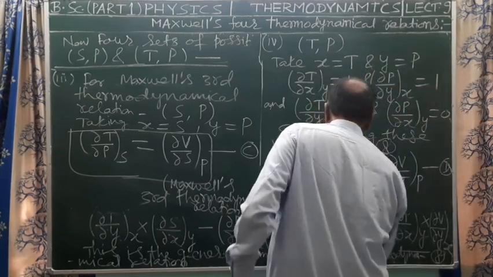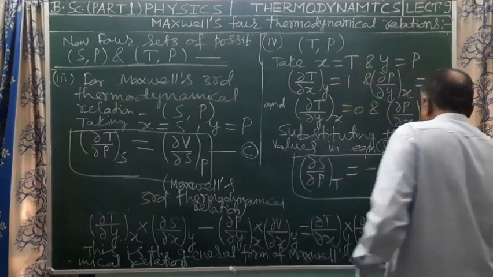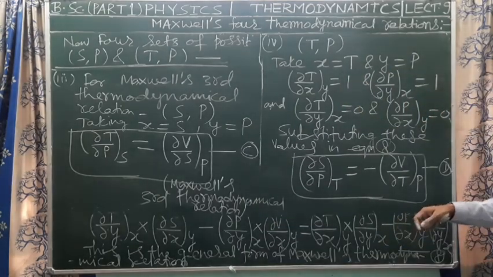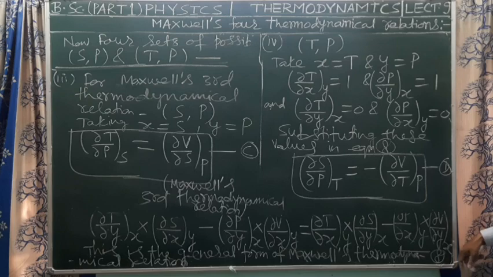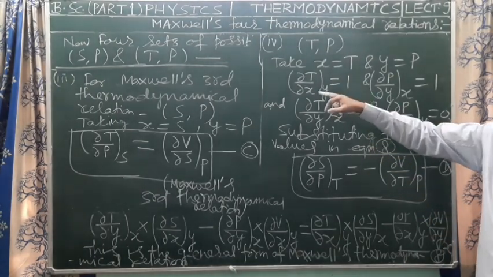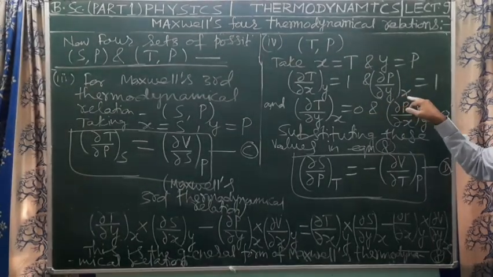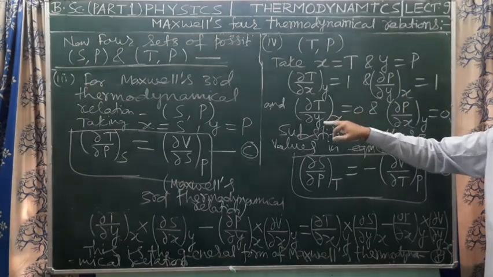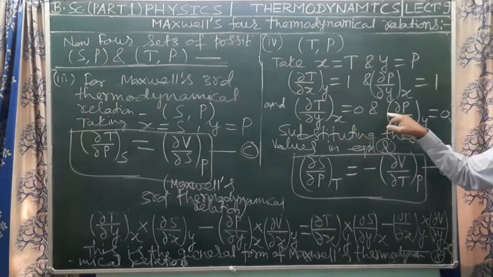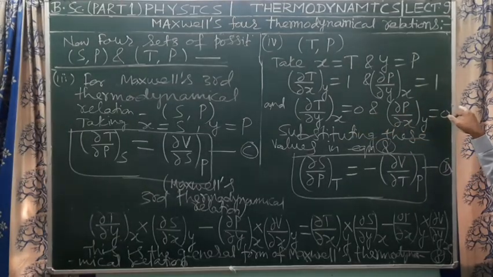the final relation, that is Maxwell's fourth thermodynamical relation, which we can obtain from equation 8, Maxwell's general form of thermodynamical relation, by using del T upon del x at constant y equal to 1, del P upon del y at constant x equal to 1, del T upon del y at constant x equal to 0, and del P upon del x at constant y equal to 0.